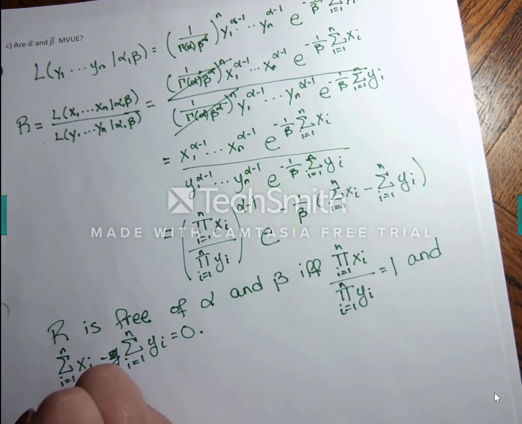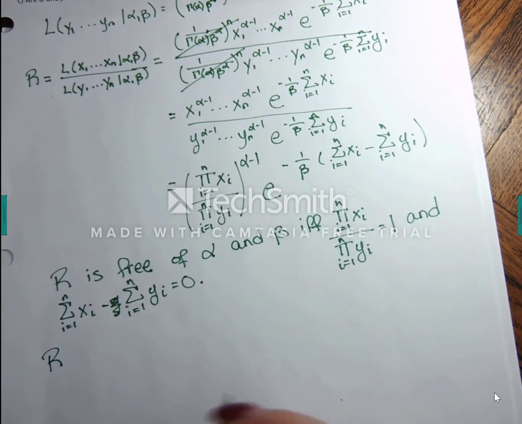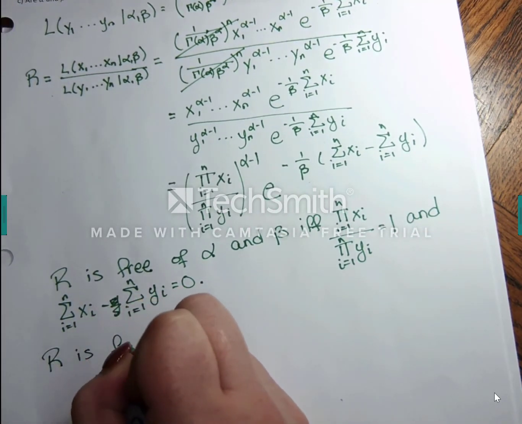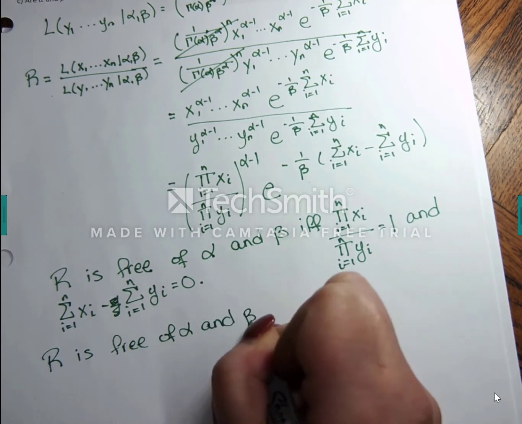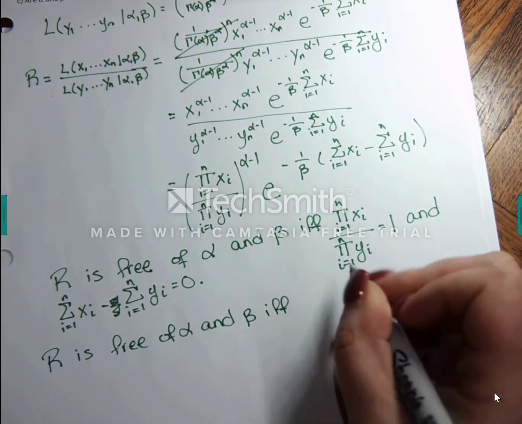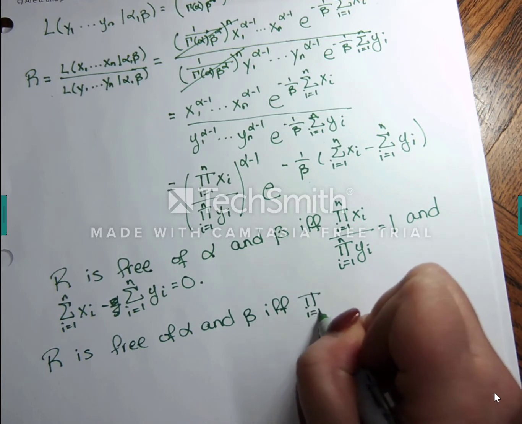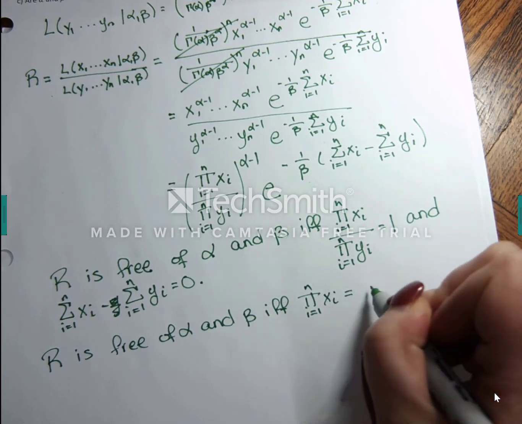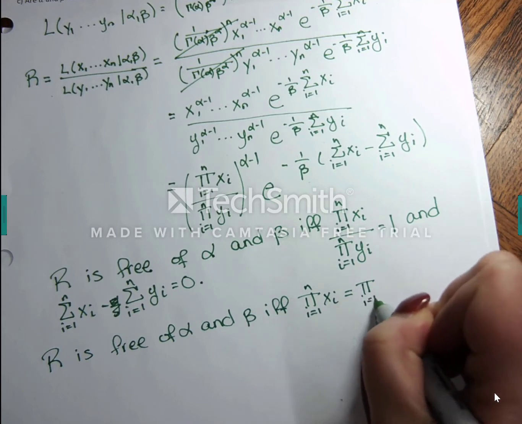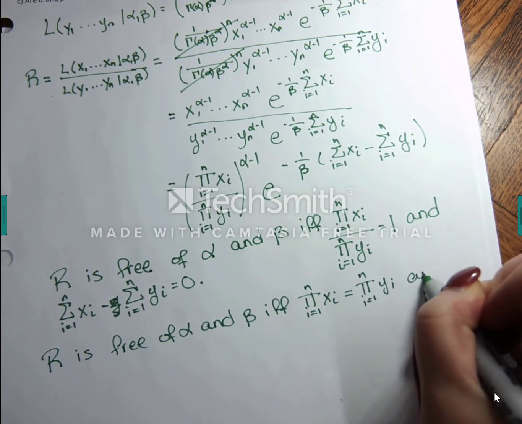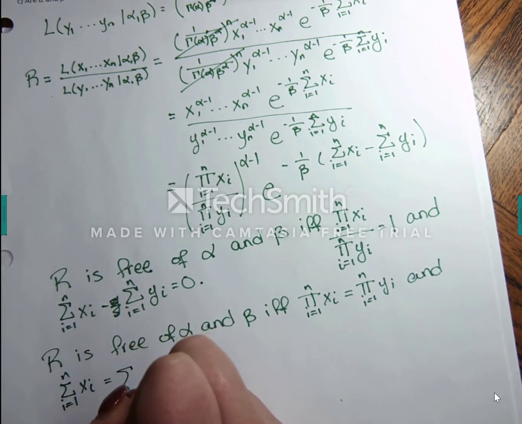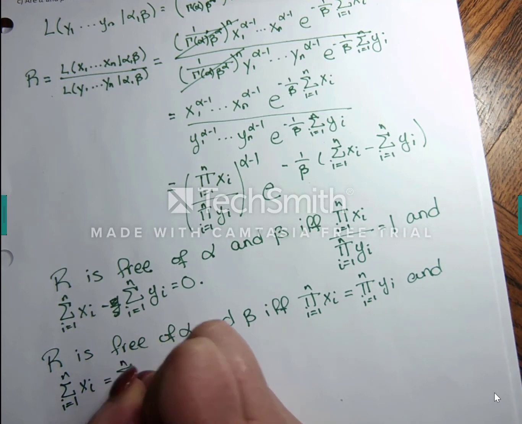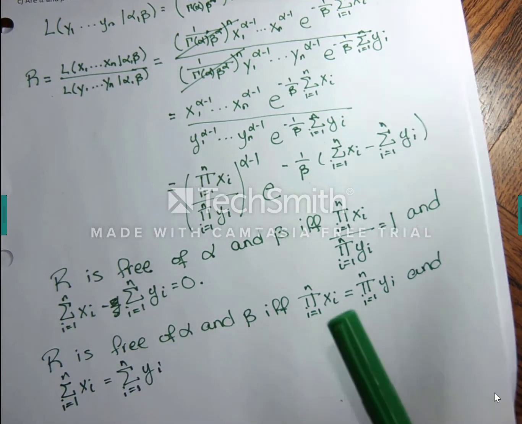So this is the same as saying that R is free of alpha and beta if and only if the product i equals 1 to n xi is equal to the product i equals 1 to n yi, and the sum i equals 1 to n xi is equal to the sum i equals 1 to n yi.